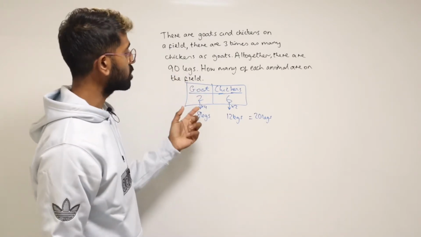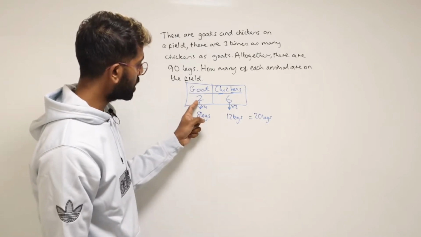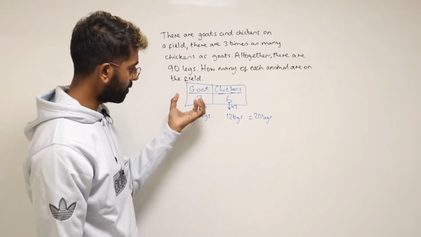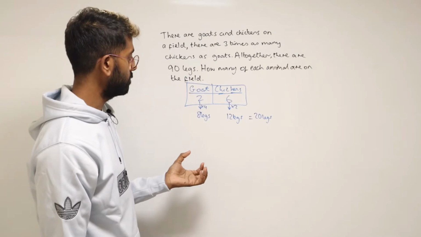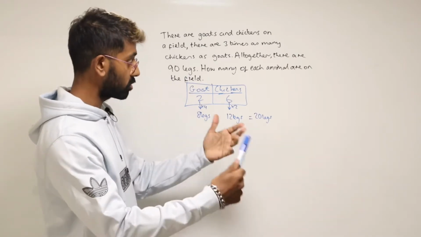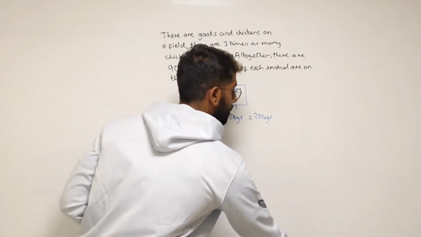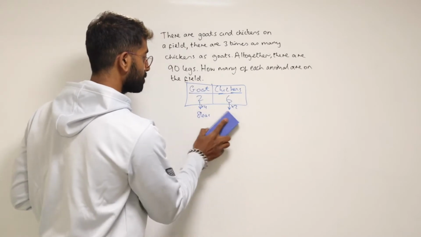Because goats have 4 legs, it might be good to change the number of goats to something a lot higher, because that's going to make this number quite a lot bigger. So let's rub this out.